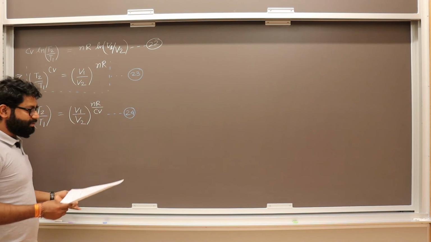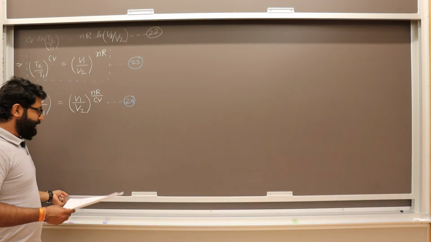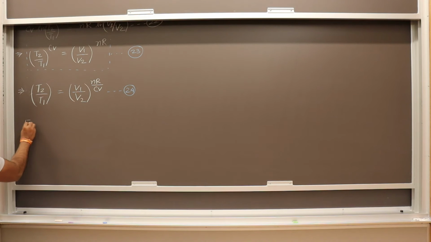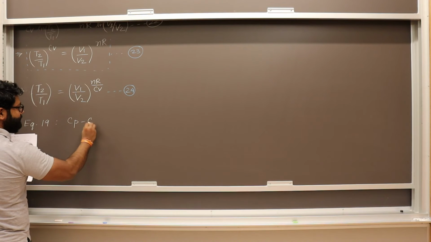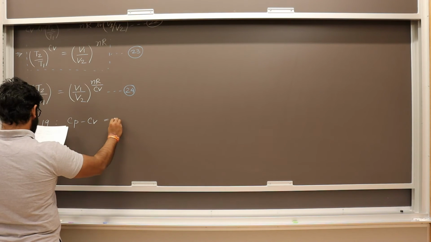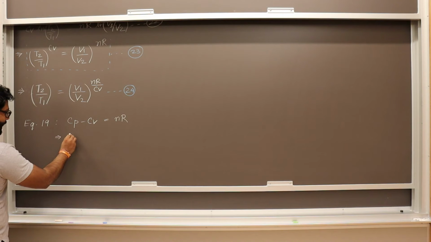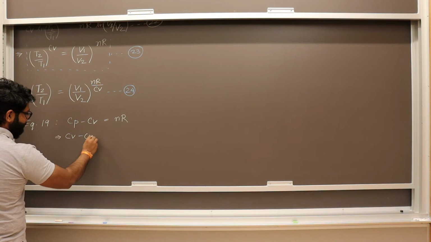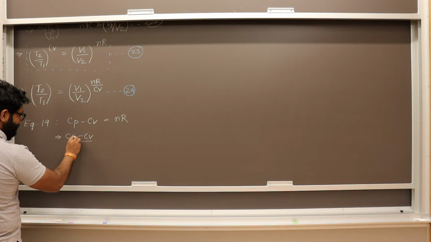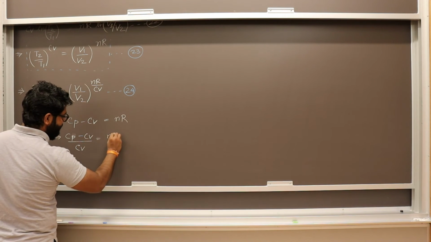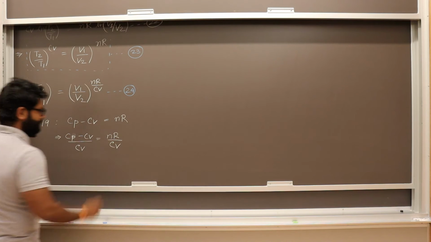Now, remembering this, let's simplify these equations even further. Now, you might remember from, I think, equation 19, Cp minus Cv was nR, where n was the number of moles of the gas, okay? Now, if I divide both sides by Cv, I get this, right?